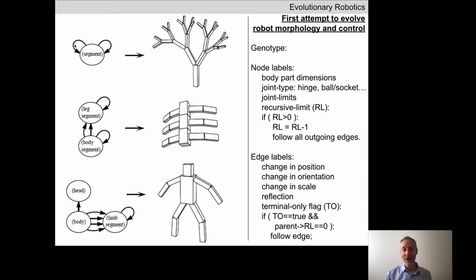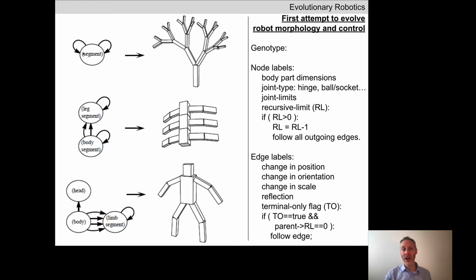As we move out along this edge, there are these 9 numbers corresponding to XYZ, yaw, pitch, and roll, and length, width, and height. We take these 9 numbers and we multiply them by these 9 numbers, which alters them, so that when we arrive at a new part, we have a new position, a new orientation, and a new length, width, and height.